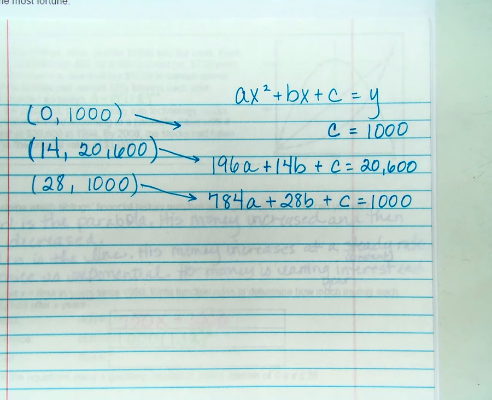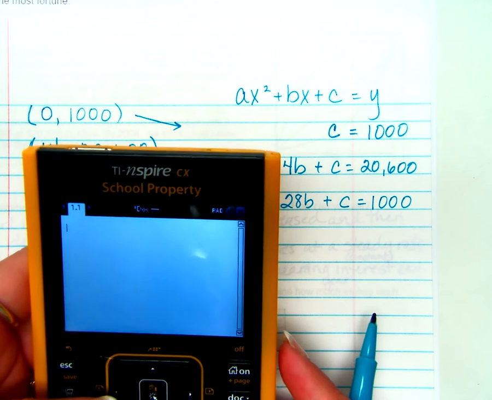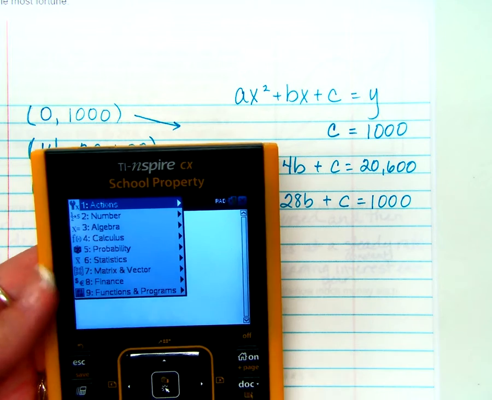Anybody remember how we solved a system of equations with three variables and three equations? I did a matrix, right? We did a matrix. So I'm going to start a new document that is a calculator. And I'm going to say menu, matrix, number 7.